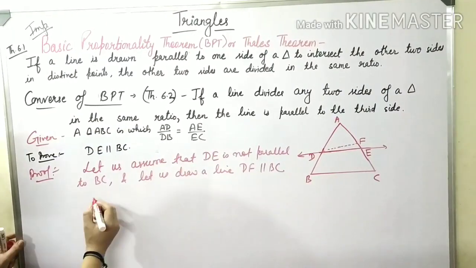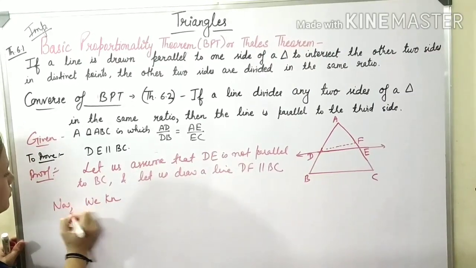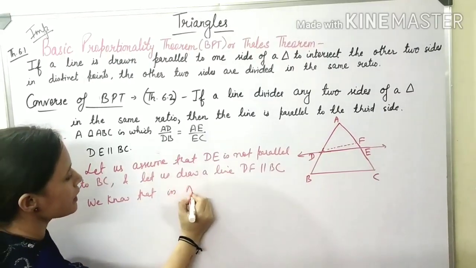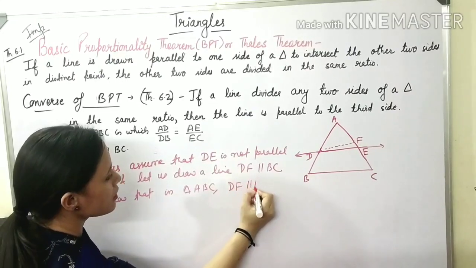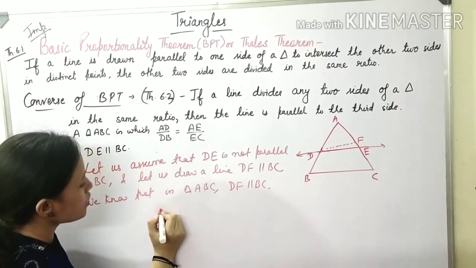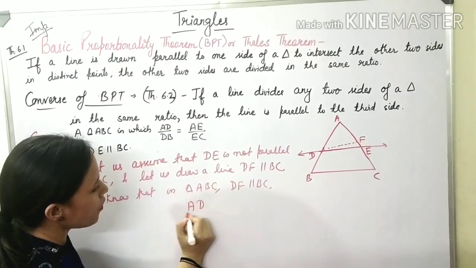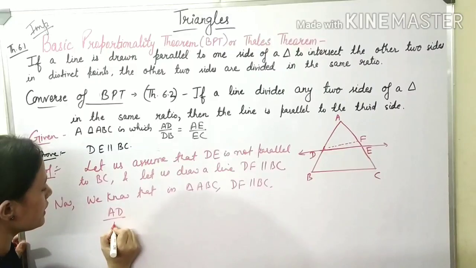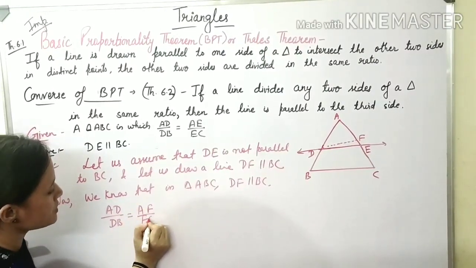Now, we know that in triangle ABC, DF is parallel to BC. So we know that AD upon DB is equal to AF upon FC.